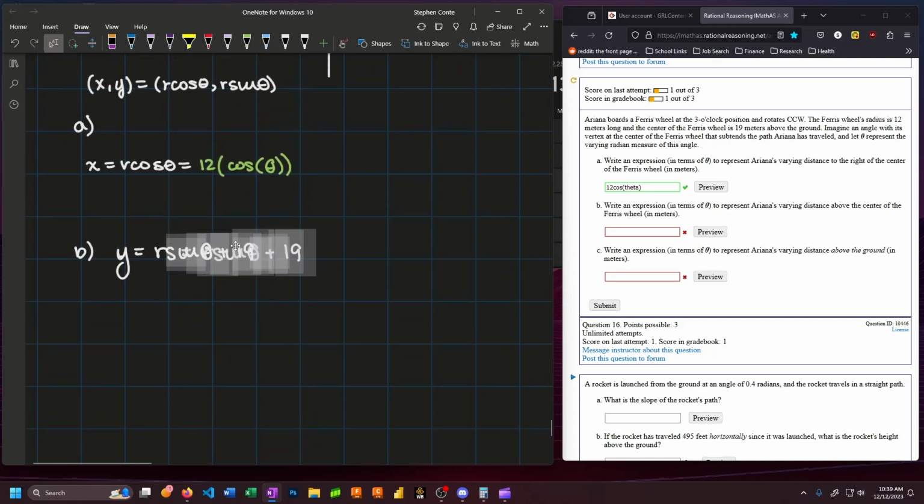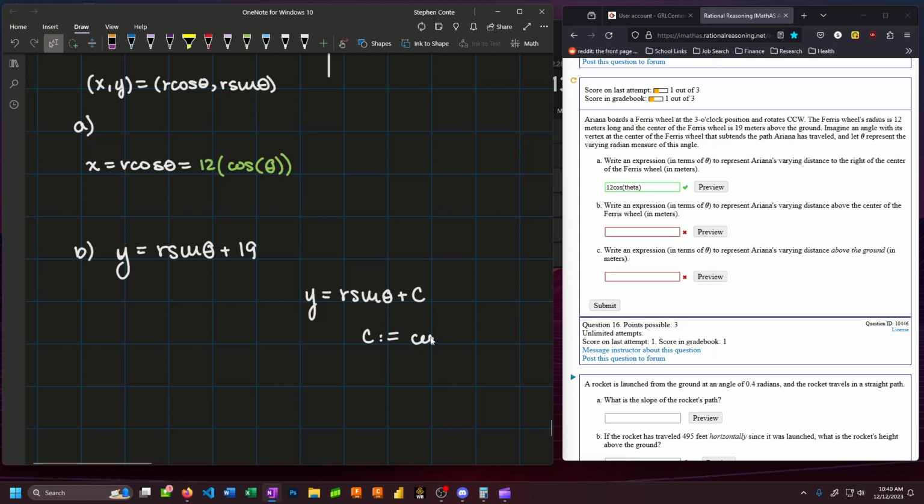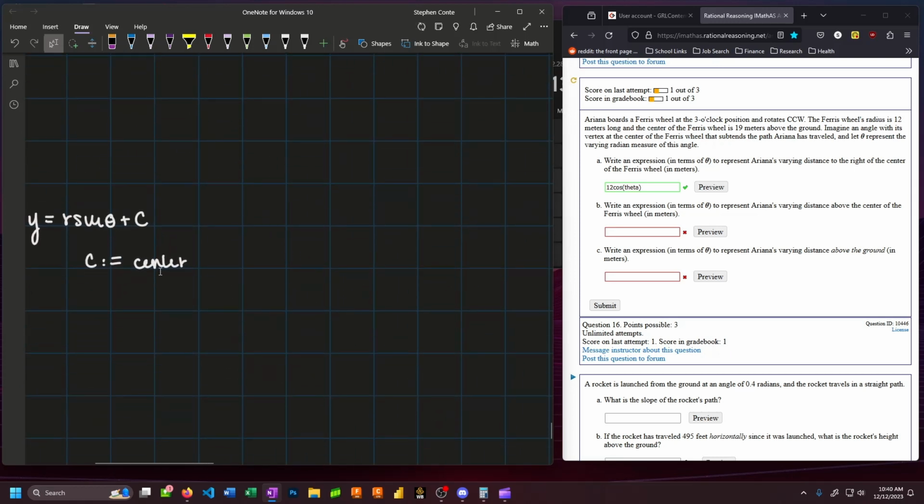Okay? And this is technically y plus 19, but we're just going to write it as y. Maybe not technically y plus 19. I would just write y is equal to r sine theta plus 19. So we can just represent this generally as y is equal to r sine of theta plus some c, where c is defined as the center of the circle, or distance above the ground.